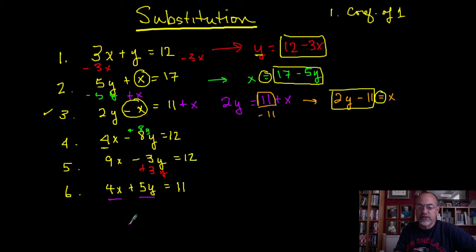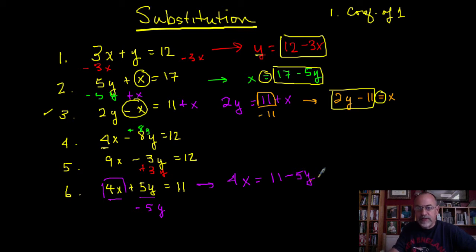You have some fractions you've got to deal with, but we can deal with those after substituting in, and we'll do some examples when we are actually doing the worksheet. So in this case, let's say I chose to solve for this, so I'm going to subtract the 5y from both sides. That's going to give me 4x is equal to 11 minus 5y.